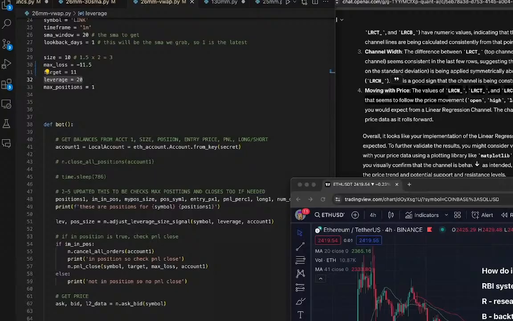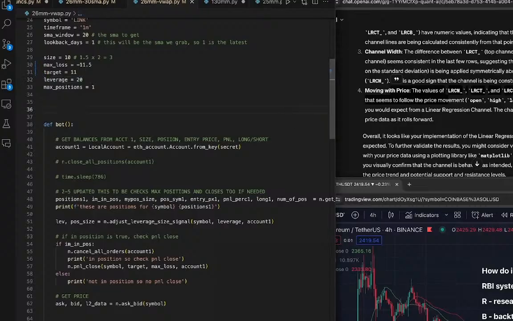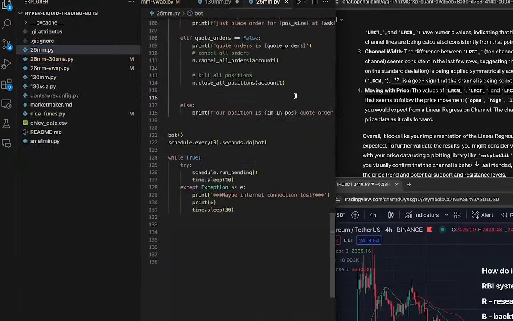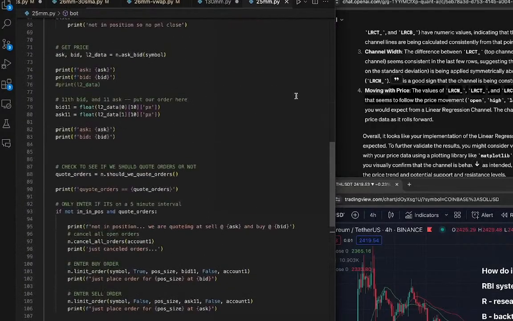All right. Another thing I wanted to do here was look into my server and analyze this other bot. What was it called? I love notes so much because I can just figure things out so quickly. Let's look at 25mm, and I'm curious to see the algorithm. Quote orders. Yes. Okay.